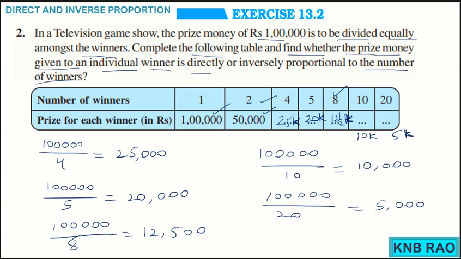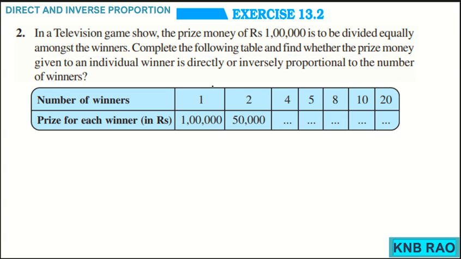Now coming to the further part, here he is asking what is the relation between the amount given, that is, the prize money given to an individual winner, to the number of winners.